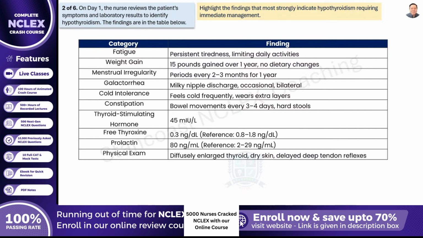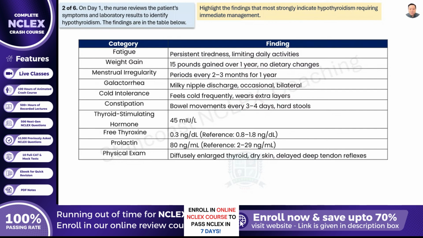So in this test question, you are tasked to pick out the strongest signs of a specific disease process, and you're going to look for those findings that are not just common symptoms, but the defining features. Those are measurable or observable and are less likely to be caused by something else. So here, I don't want you to get distracted by the other symptoms that are vague, that are subjective, or could be linked to other chronic conditions.